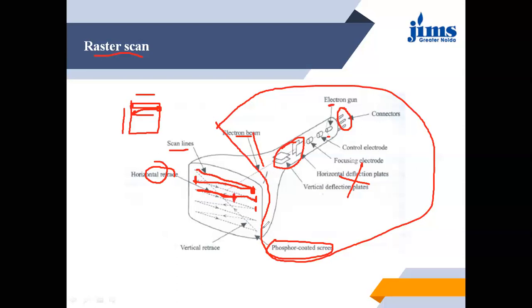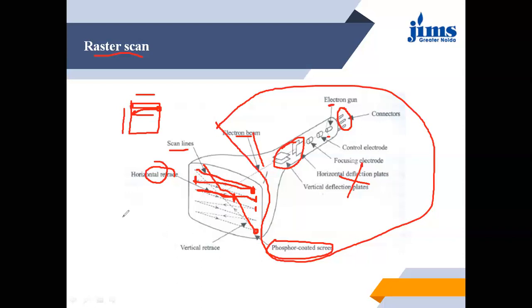And when it has to be transferred from the bottom right of the display unit to the top left corner after scanning all the scan lines, then it is called vertical retrace.